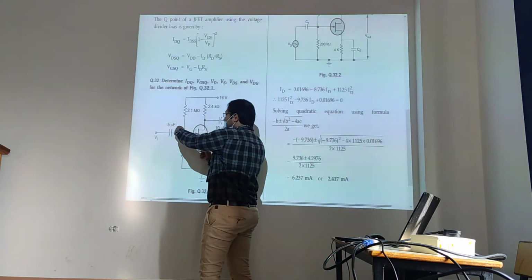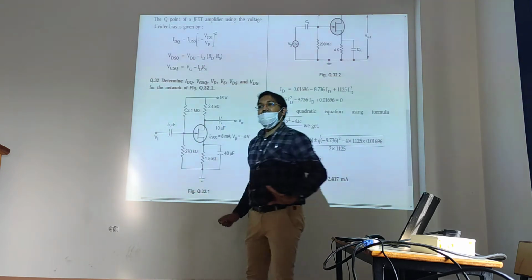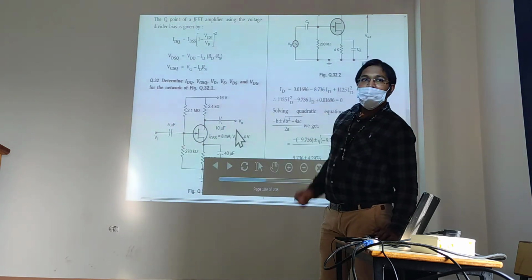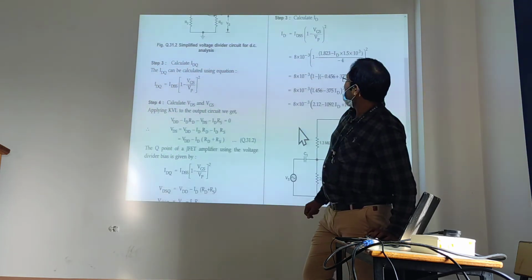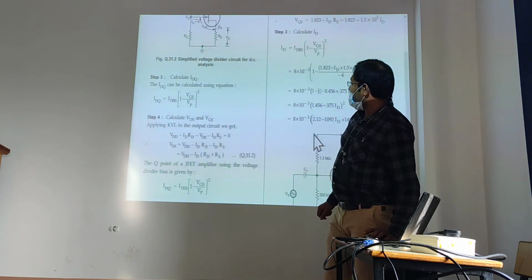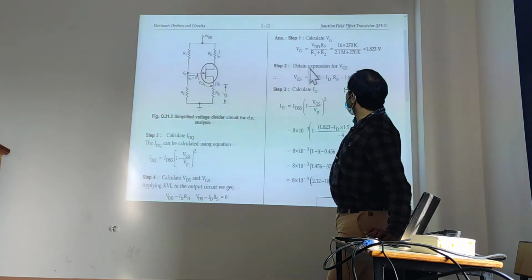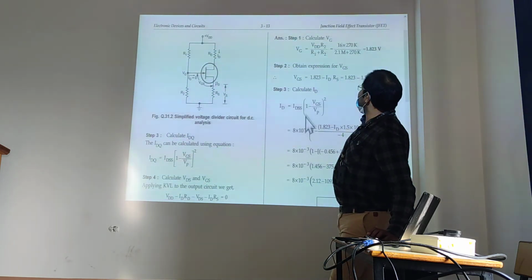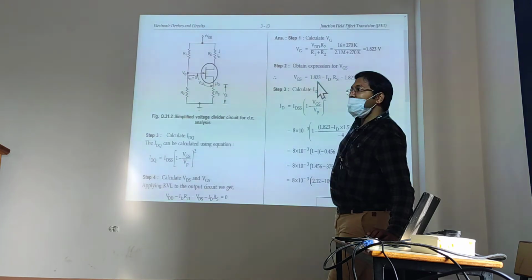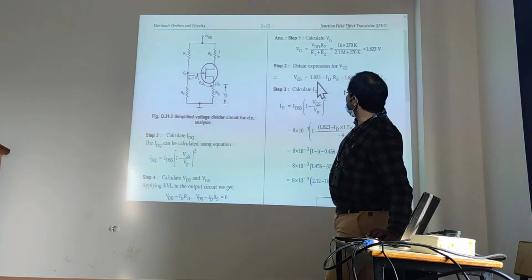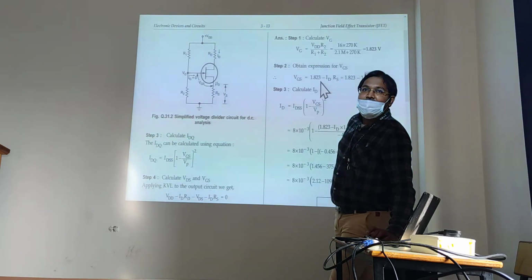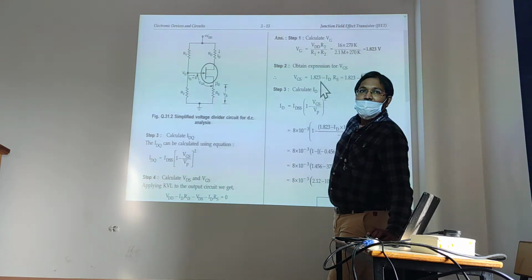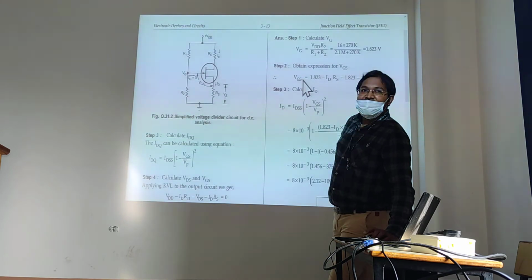VGS is VG minus VS. That is the logic we are using. VGS is VG minus VS, where VS is ID into RS. So using that logic we are finding VGS.